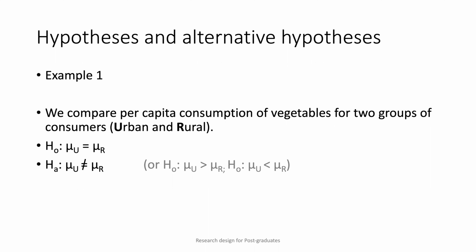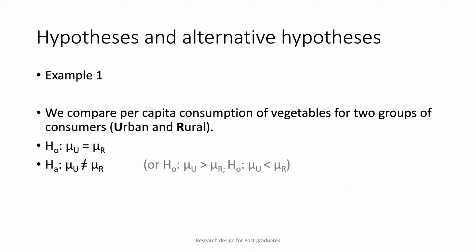Let's say we compare per capita consumption of vegetables for two groups of consumers. One group lives in an urban environment and one group lives in a rural environment. We call them U and R. So our null hypothesis is that the average per capita consumption for these two environments is equal.